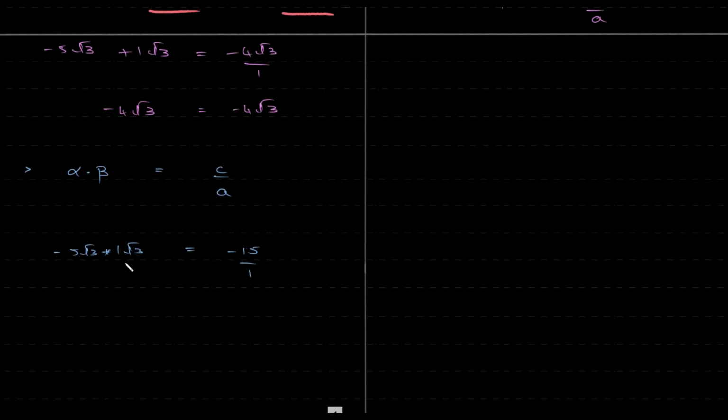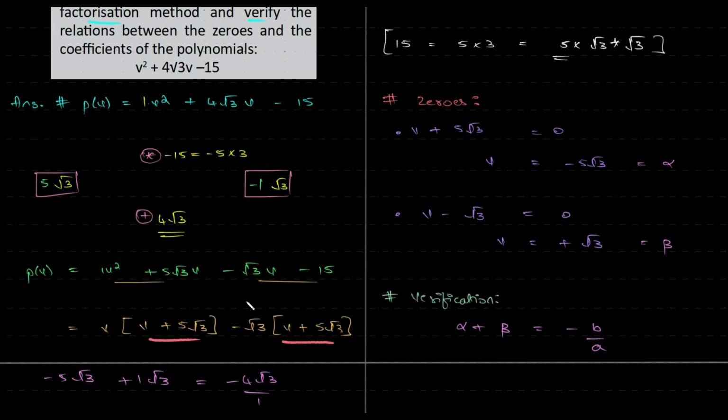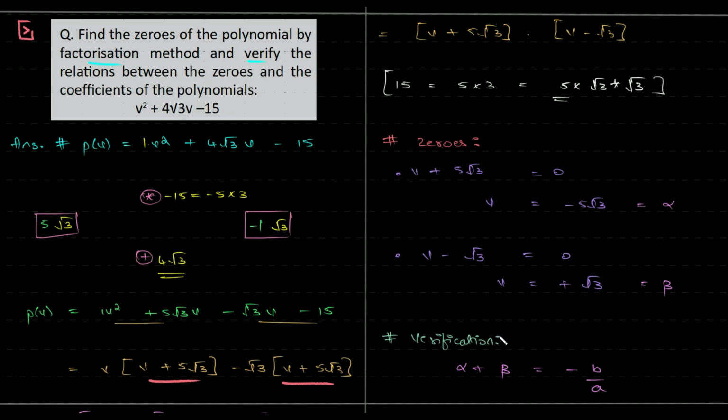So clearly we have minus into plus is minus, 5 into root 3 is 5 root 3, into root 3 is 3. So this is minus 15, which is equal to minus 15. Hence proved. So that would be your verification and the answer.